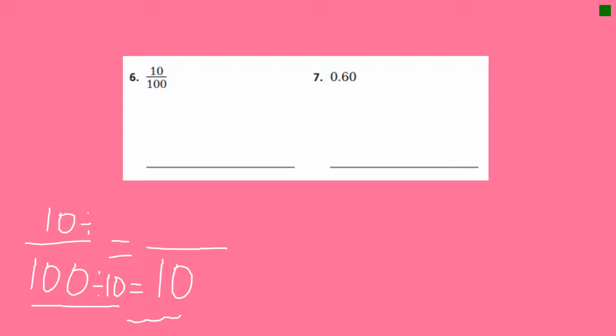And remember, I like to go backwards to check it. I always go 10 times 10 is 100. Check. Multiplying just comes into my brain more quickly. So I like to go backwards. 10 times 10 is 100 if I forget. Okay, so then up here, 10 divided by 10. So what times 10 is 10? Oh, that's right, 1. 1 times 10 is 10.